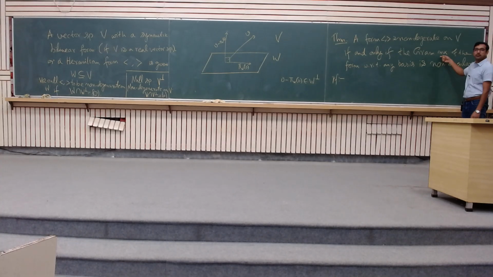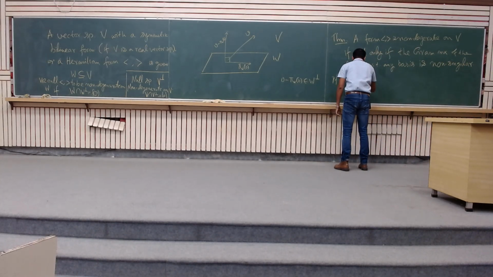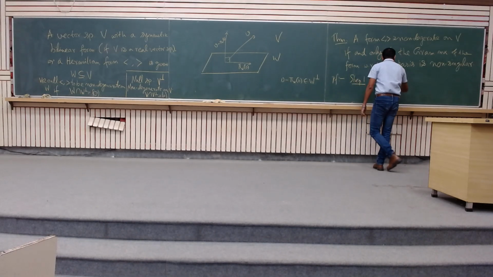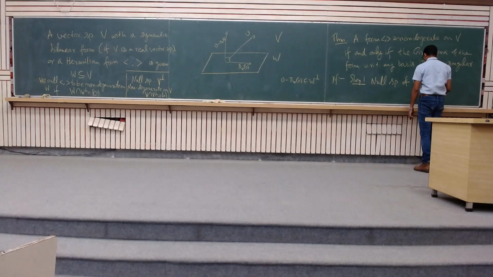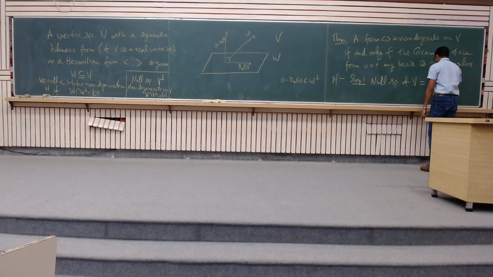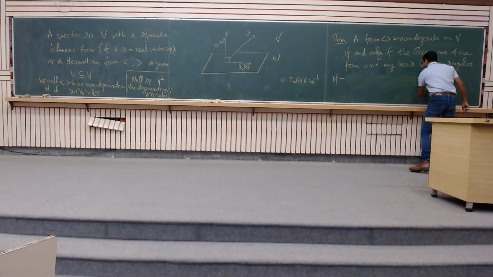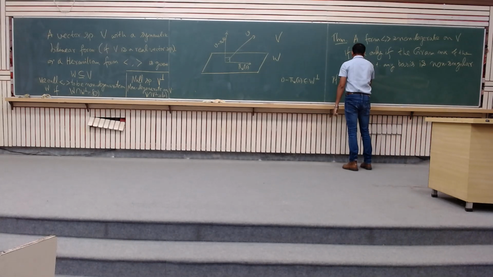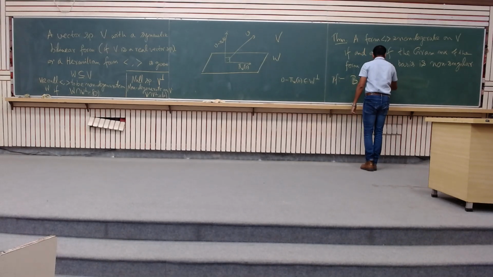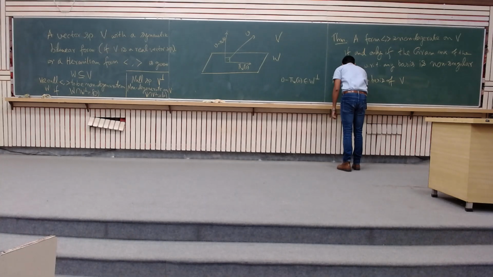The null space of the Gram matrix is equal to the coordinate vectors of the vectors in the null space of V. So the first step: at first we start with a basis B. Before step 1, suppose B is some basis of V. We'll come back to step 1 in a moment, but let's write it first. B, a basis of V.